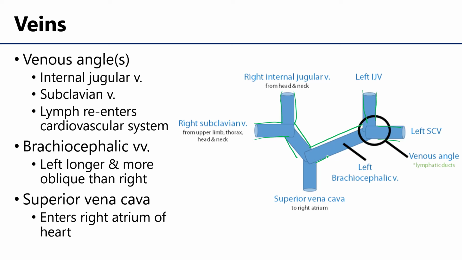The left is longer and more oblique. It's crossing over the midline there. And these brachiocephalic veins come together to form the superior vena cava, which transmits blood into the right atrium of the heart. So this superior vena cava is the very last bit of vasculature of the systemic loop of circulation.